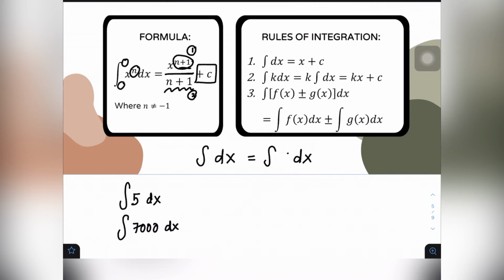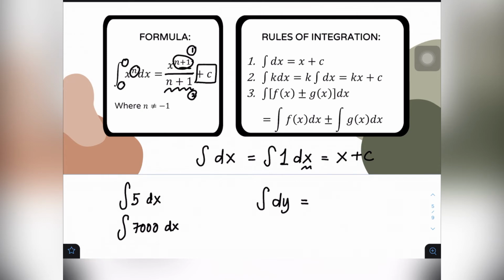So how to integrate 1? The rule is, whenever you have to integrate 1 dx, what you will get as an answer is the variable x. It depends on this. If it is with respect to x, you will get x. Okay, don't forget x plus c if it's an indefinite integral. If you have to integrate dy, you cannot see any constant in front, so you know that the constant in front is 1.